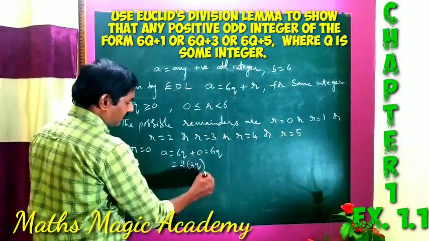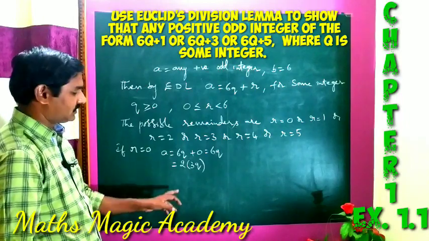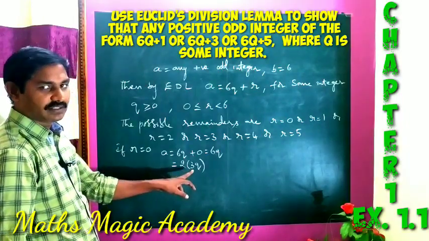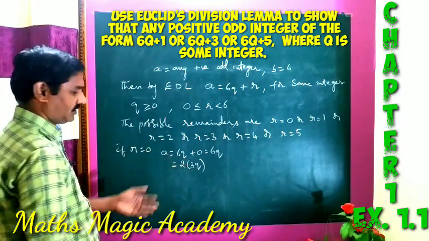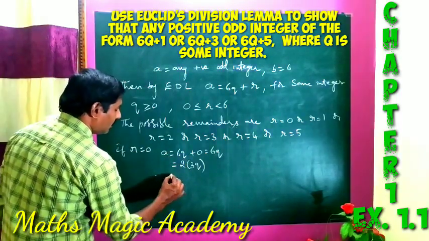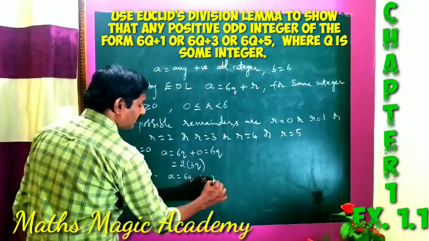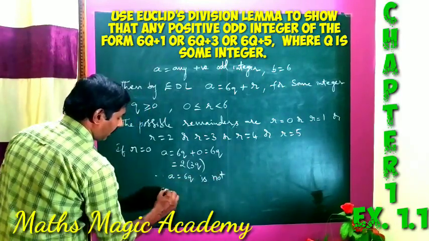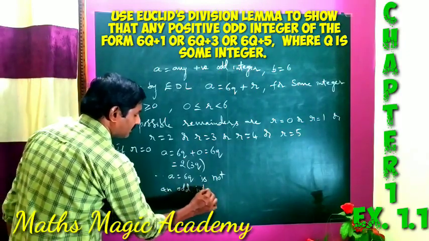So you can observe that this is in the form of 2n. 2n is nothing but the general form of an even number, not an odd number. Therefore, a equals 6q is not an odd integer.